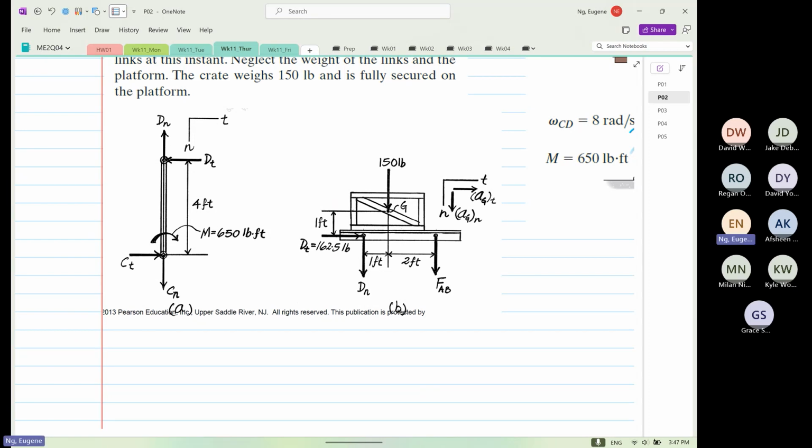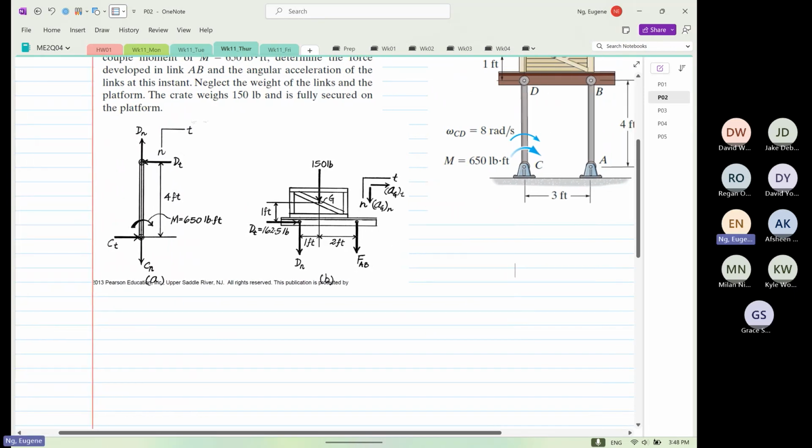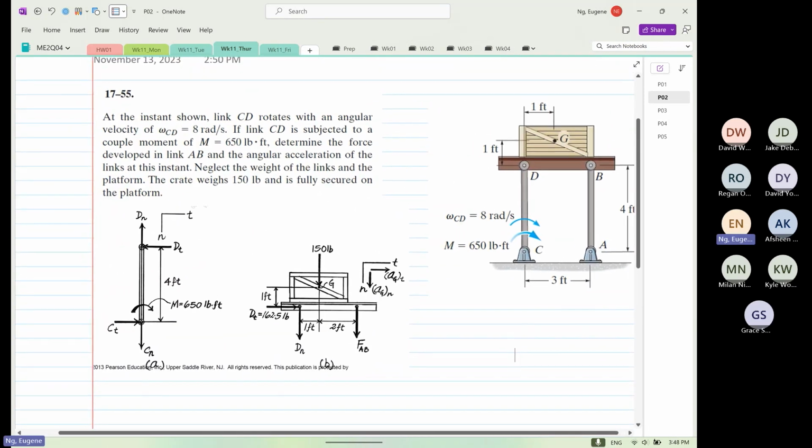I want you to apply static analysis. Okay, I want you to think about static analysis. So you can see that the structure has a weight. Right? You can see that the structure has a weight.